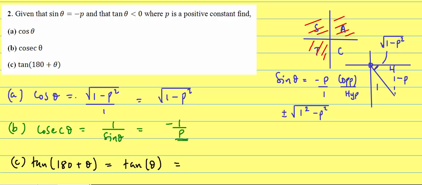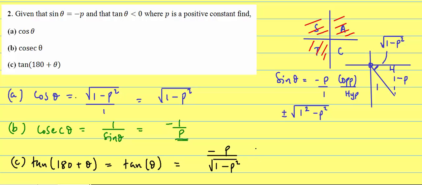If I go onto my diagram, and this is theta, then tan theta is going to be the opposite side over the adjacent side. So the opposite side is minus p, and the adjacent side is equal to the square root of 1 minus p squared.